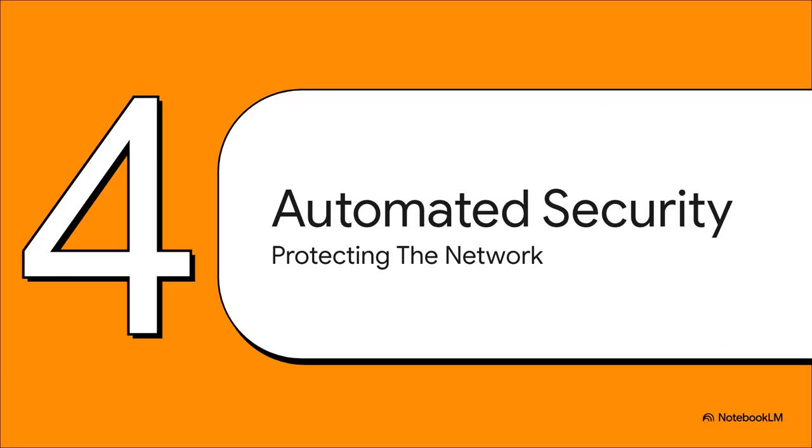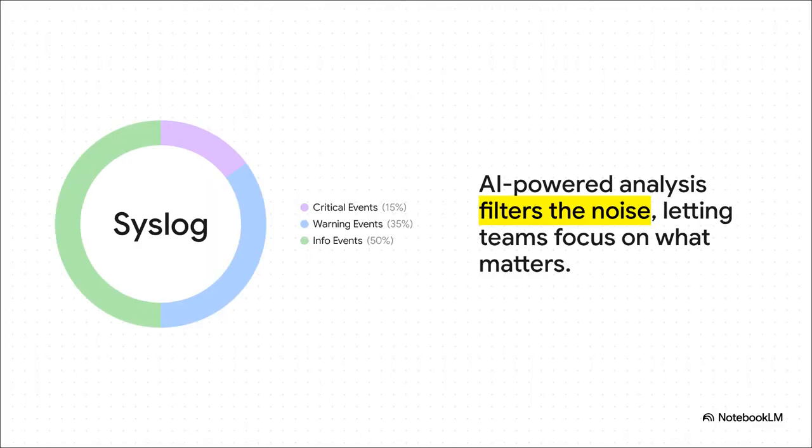Okay, so we have visibility and we have control. The next critical layer is all about protecting the entire network, our digital jungle, from the predators that are lurking inside it. A single network can generate millions, literally millions of event logs a day. It is impossible for a human to sort through all that noise.